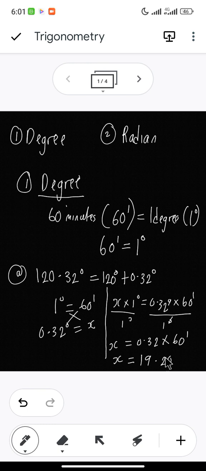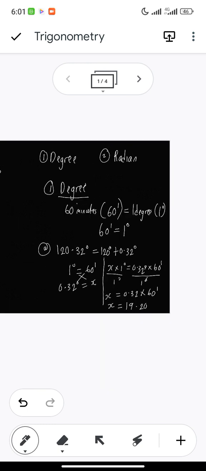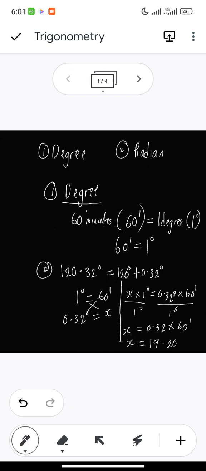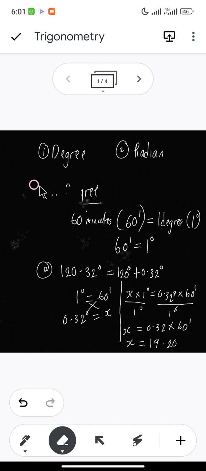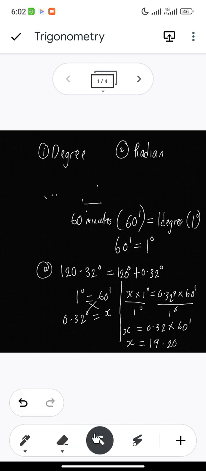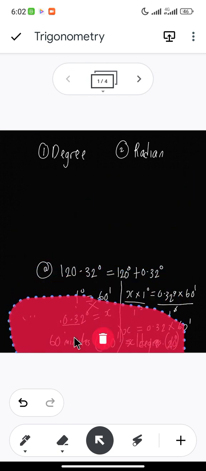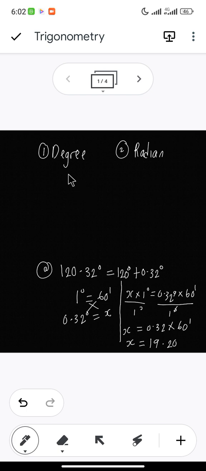And finally, your x gives you 19.20 minutes. Now you're going to approximate this to the nearest minute. So approximating this to the nearest minute, x gives you 19 minutes.